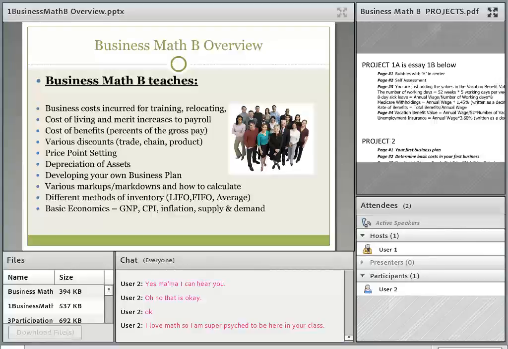This next concept, we understand the basics of it, but the actual calculations of it can be a little bit complex, so you'll want to spend a little time on this. The next 2, I think, are probably where I have the most questions, and that is markups and markdowns and how to calculate those.